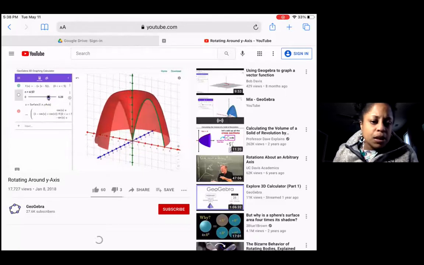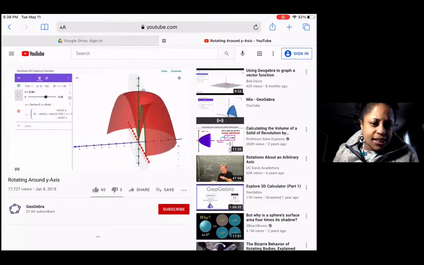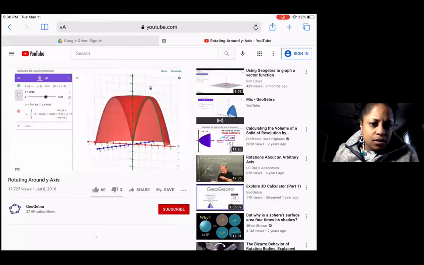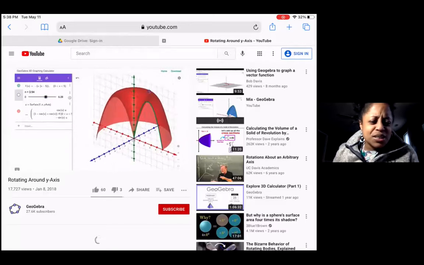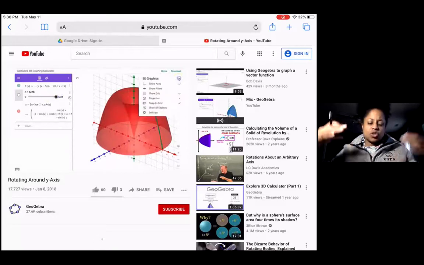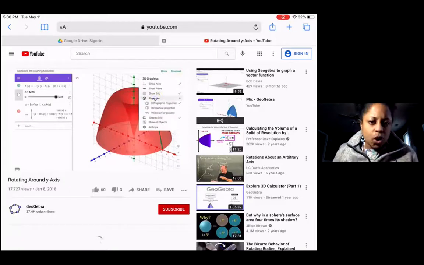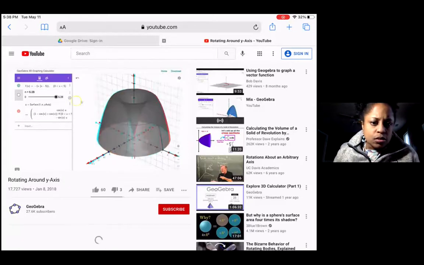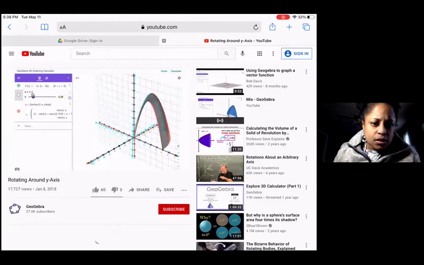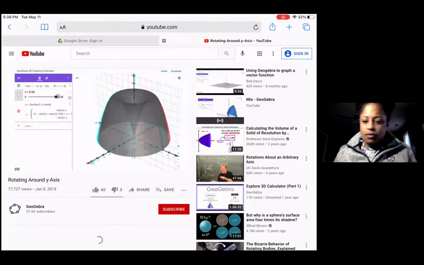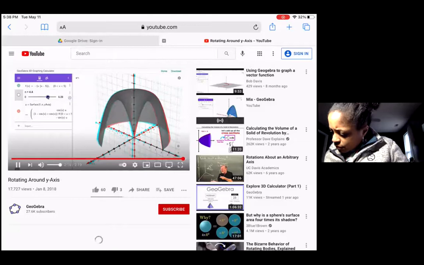You can kind of see that that is what is happening. For some reason, there's no sound on this. I don't know why. But that is the rotating of a parabola around an axis. So you can kind of see how that works. Then there's some other fancy stuff that he's doing there, but that is what you are going to have to visualize in this section. Okay? All right.